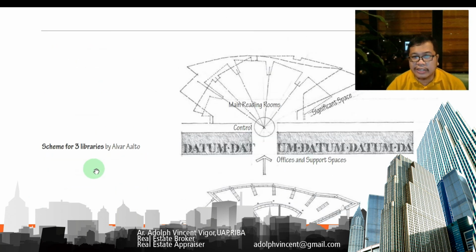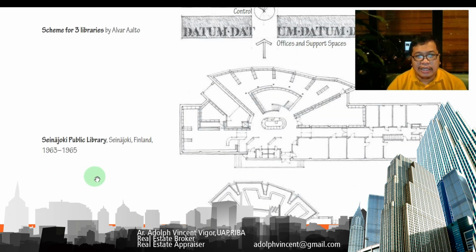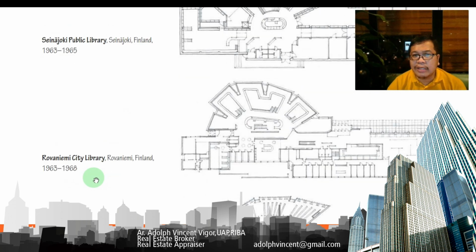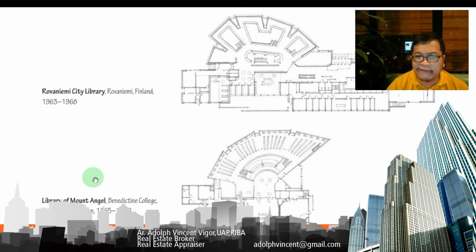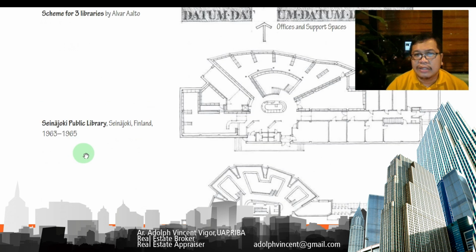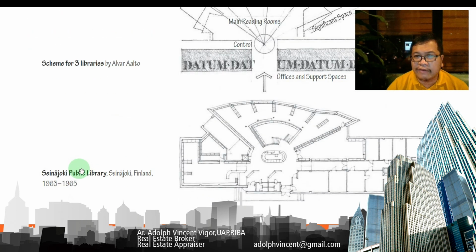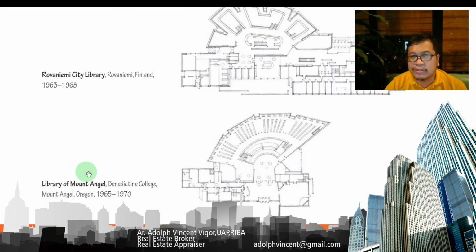I think another example is the Scheme for Three Libraries by Alvar Aalto. Then the Seinäjoki Public Library. And then the Rovaniemi City Library in Finland. The Library of Mount Angel. So I think, yeah, it's a sample of a transformation.